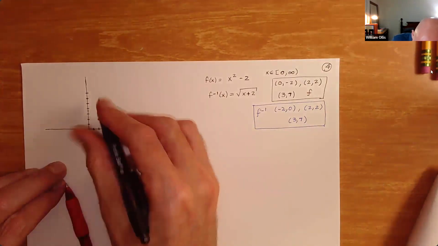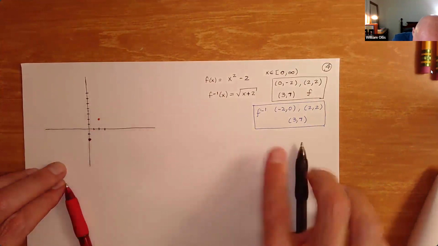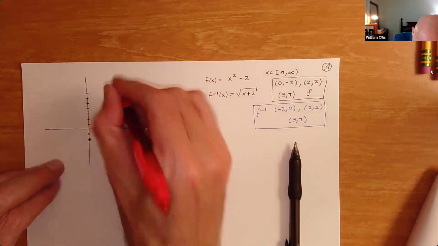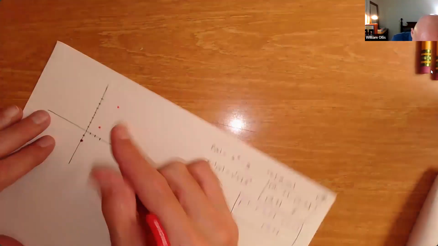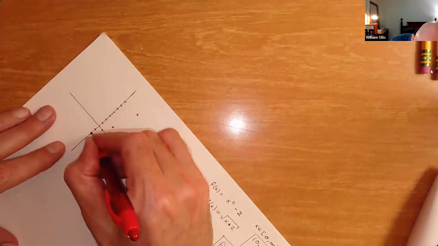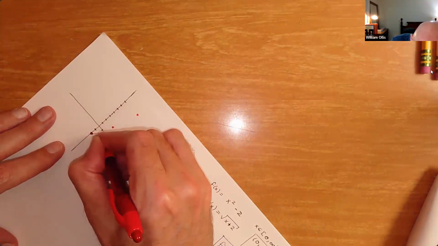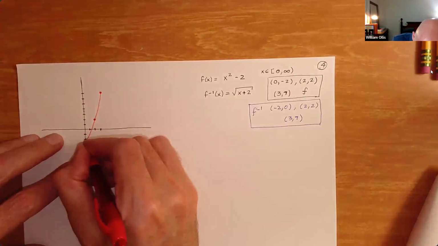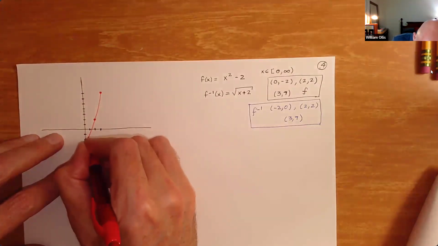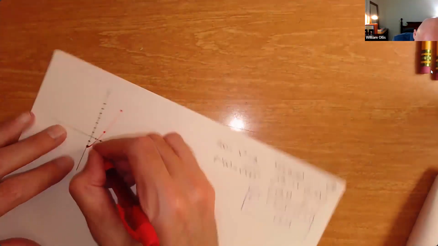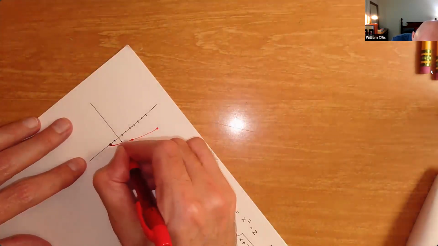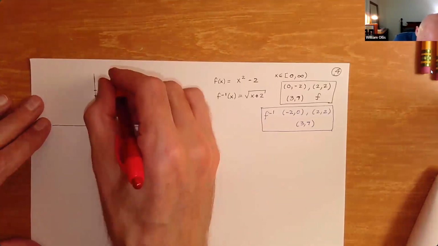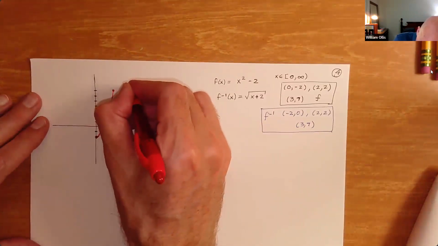So let me get another mark here, 3, and then 7 up here. So we'll go ahead and connect that. Again, we're not drawing it infinitely, but we're just trying to get a little curvature there. That's actually the vertex of a quadratic function. So this is what we call f.